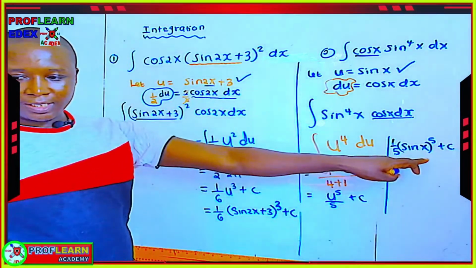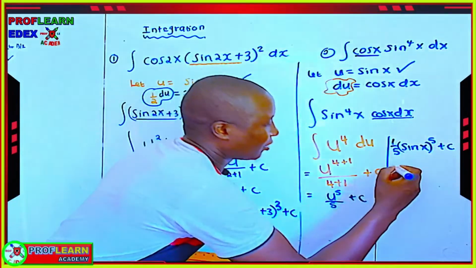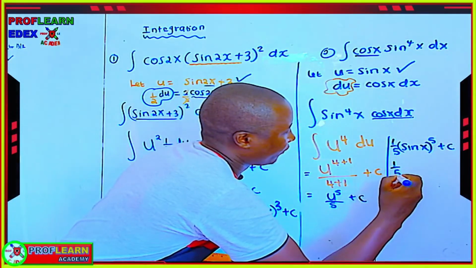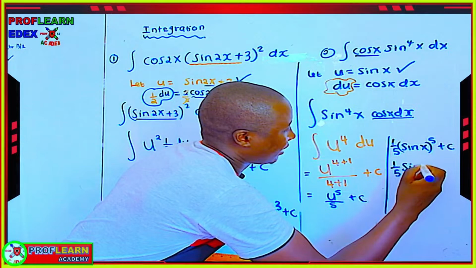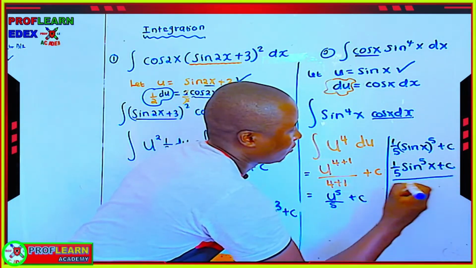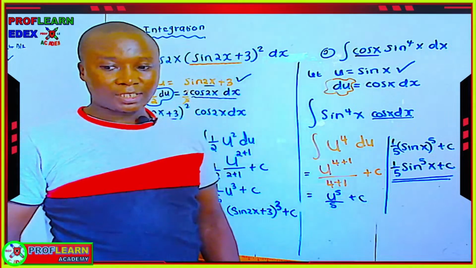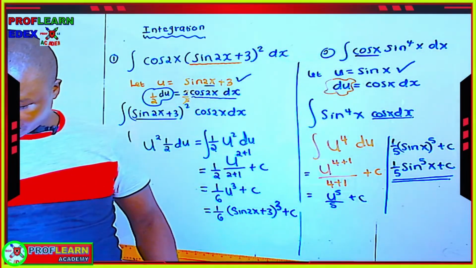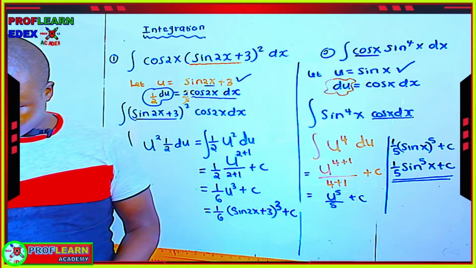But when it's written like this, we can also write it as 1 over 5 sine power 5 x plus c. Now, that is the final answer for this kind of expression.